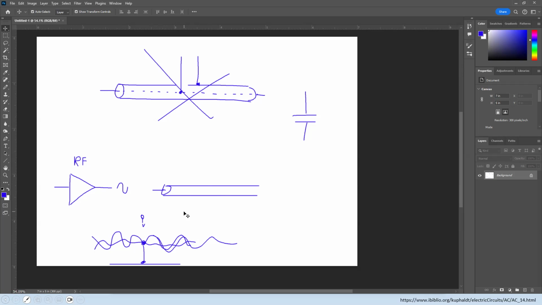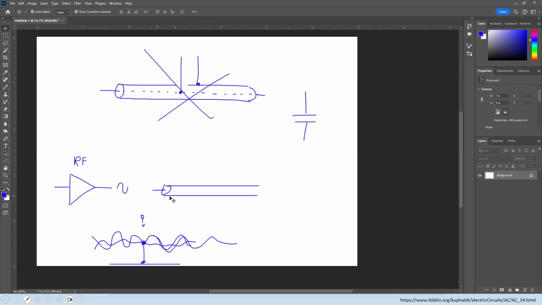And the characteristic impedance is going to be used to determine if this here is equal to this here. That way, if they are equal, then we can have the maximum power transfer, and then it's going to travel. So the length of the cable doesn't matter.